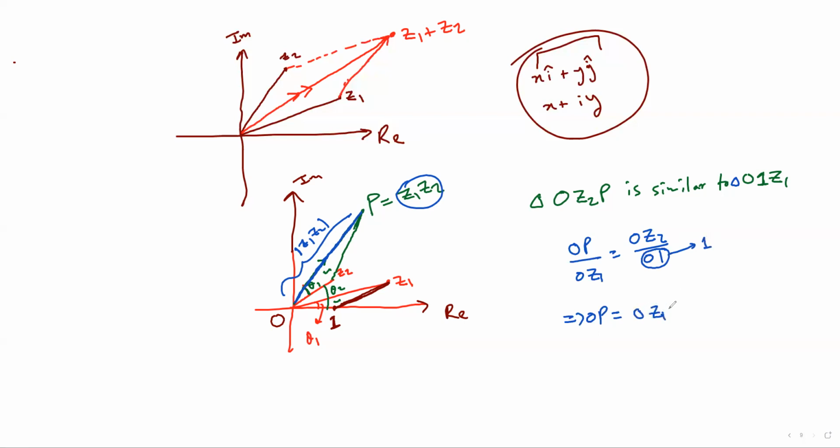These are just modulus of Z1 times modulus of Z2, which is equal to modulus of Z1 Z2, as we have proved earlier. So OP has the exact length of Z1 Z2, which was demanded for the completion of the proof. So the point P actually represents Z1 times Z2.